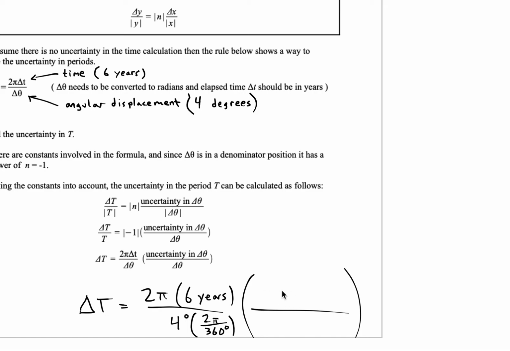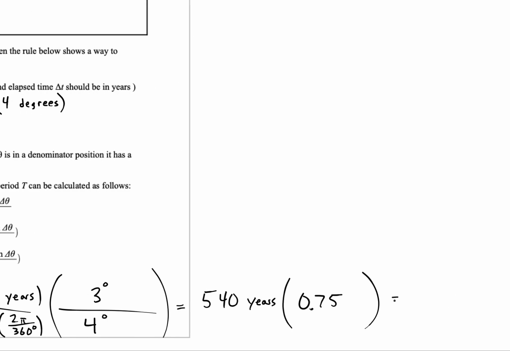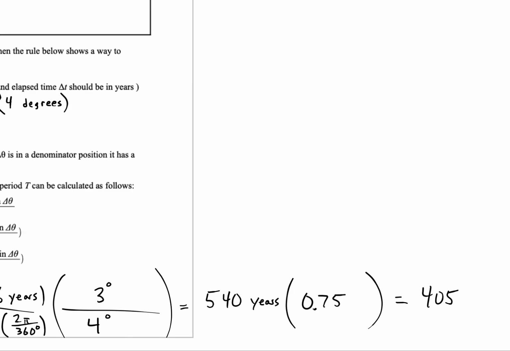So I'm going to put the uncertainty in delta theta, which was 3 degrees, over delta theta, which would be 4 degrees. I get 540 years for the period, and then you'd multiply by 3/4, so 0.75 there. So I get 405.